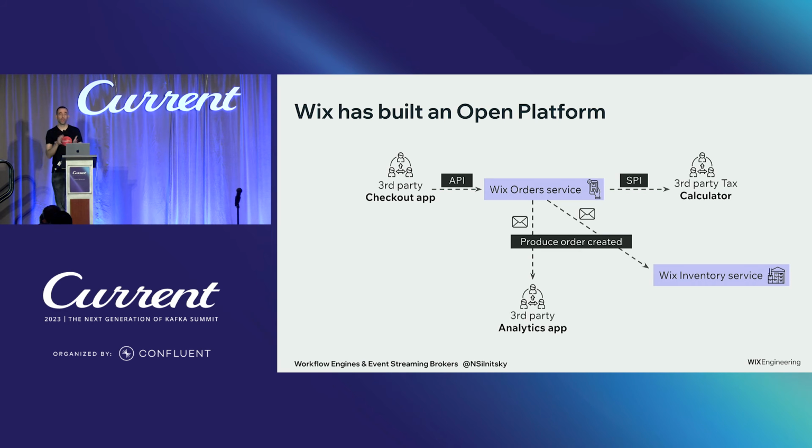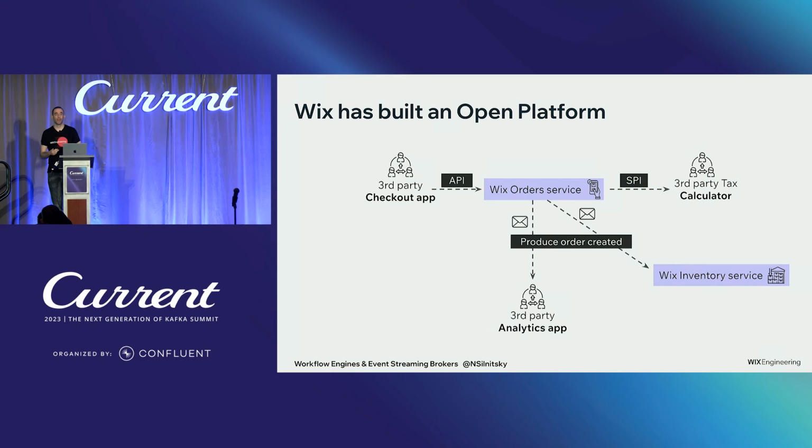Well, we have our Wix services, like the Wix order service and Wix inventory service. And of course, they provide APIs for Wix developers, usually based on gRPC, inside of our distributed environment. But of course, we also expose them automatically these days as HTTP endpoints for external third-party developers.